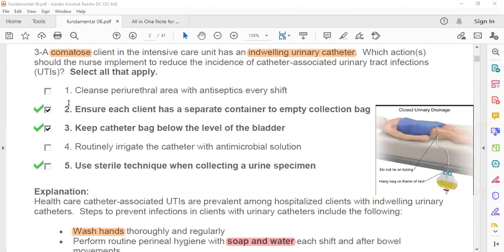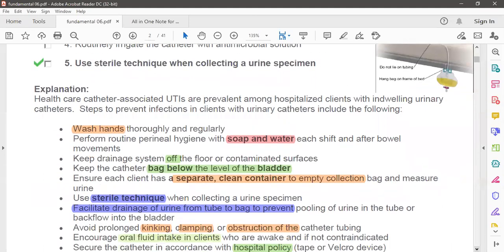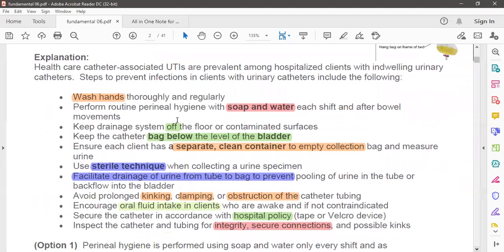So number 1 and number 4 is not correct because we do not use the antiseptic, we do not use the antimicrobial solution. What next? Healthcare catheter-associated UTI are prevalent among hospitalized clients.